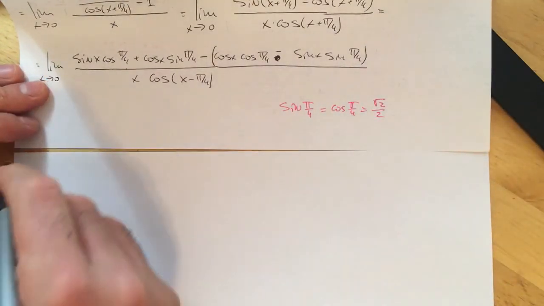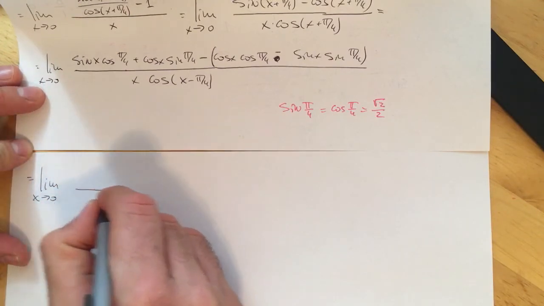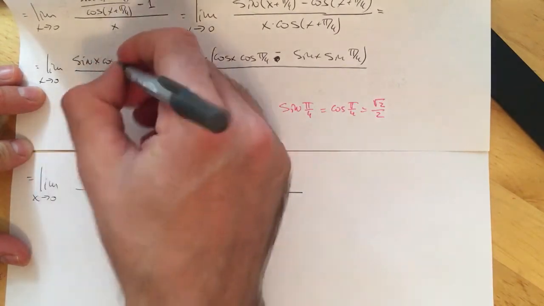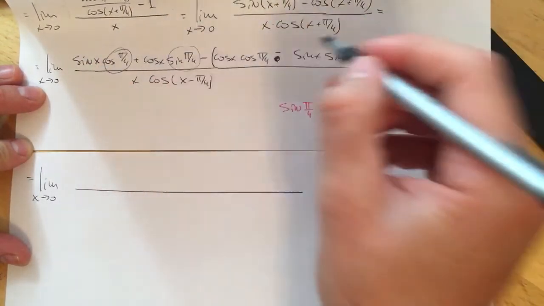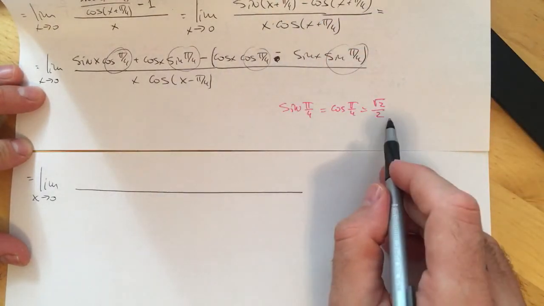Okay, so this last line can be rewritten as the limit as x goes to 0 of, this is square root of 2 over 2, this is square root of 2 over 2, this is square root of 2 over 2, and this is square root of 2 over 2, right?